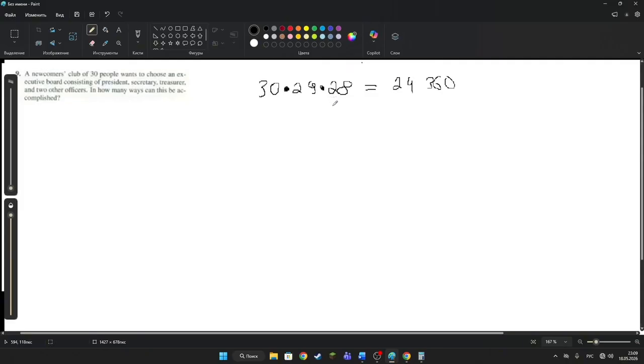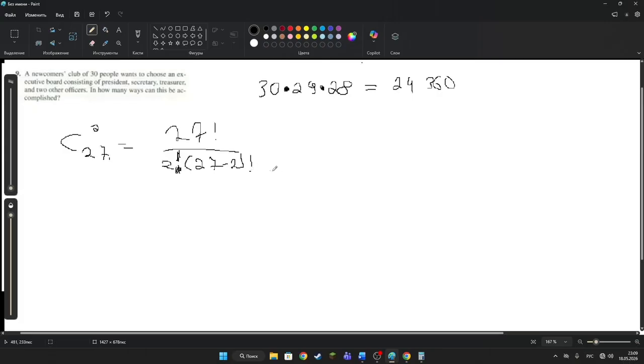We can calculate it just from the formula, C(27, 2), because 3 people from the 30 we already chose. It's going to be 27 factorial divided by 2 factorial multiplied by 27 minus 2 factorial.